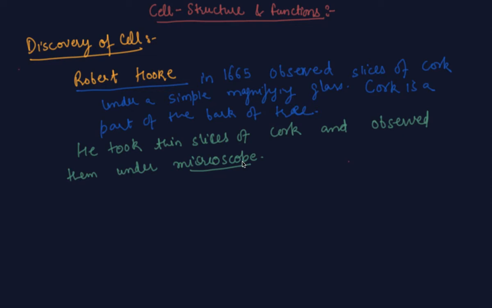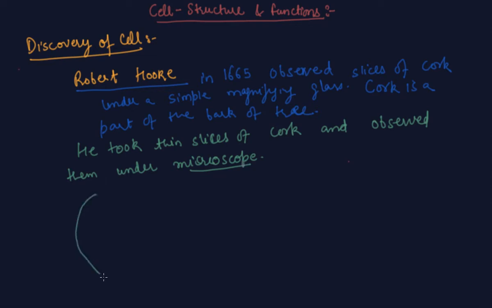He noticed partition boxes or compartments in the cork slice. These boxes appeared like a honeycomb. He also noticed that one box was separated from the other by a wall, by a partition. Who coined the term cell for each box?